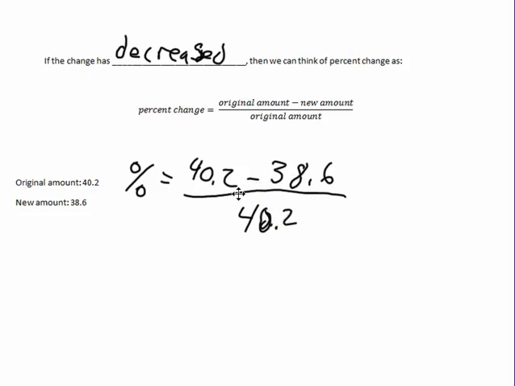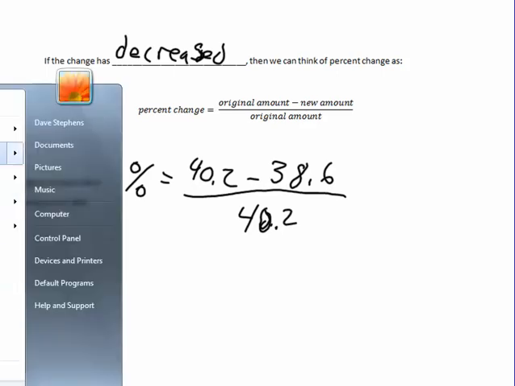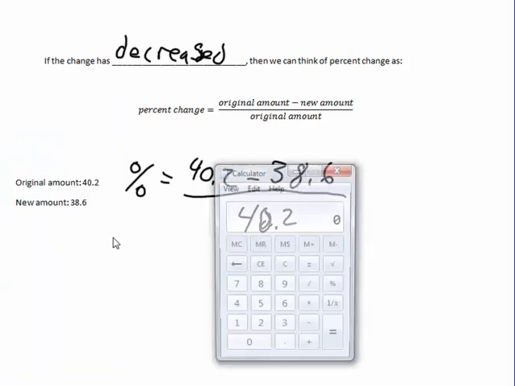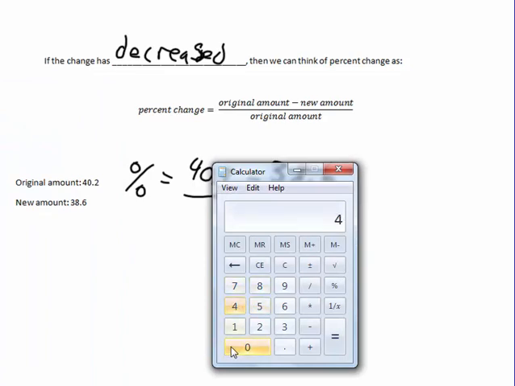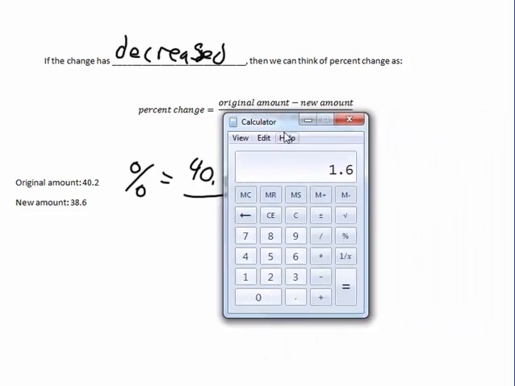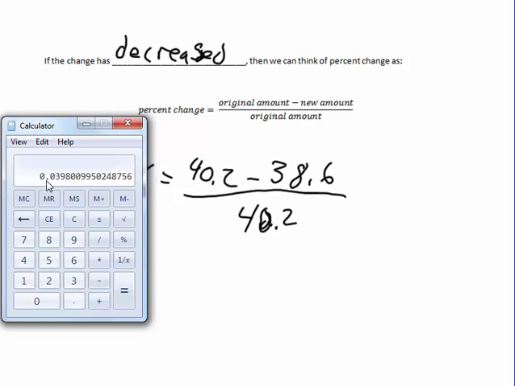We could do this in our calculator because I cannot do that in my head. So we have 40.2 minus 38.6, and that gives us 1.6. And that 1.6 is all over 40.2, so I have to divide that by 40.2, and we get, whoa, that's a whole bunch. 0.0398.